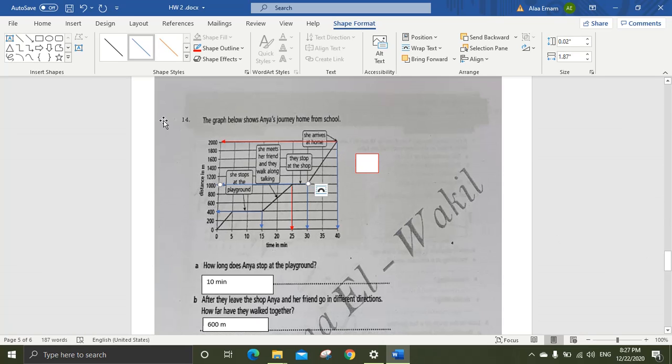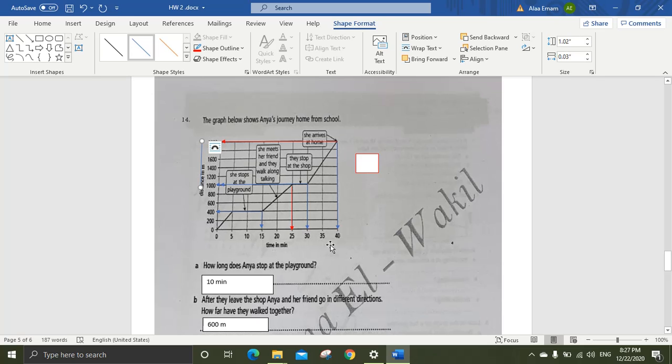So the total distance is only here. The distance that the girl walked alone back to home is from 1000 to 2000. So it's only 2000 minus 1000, which gives you 1000, right?